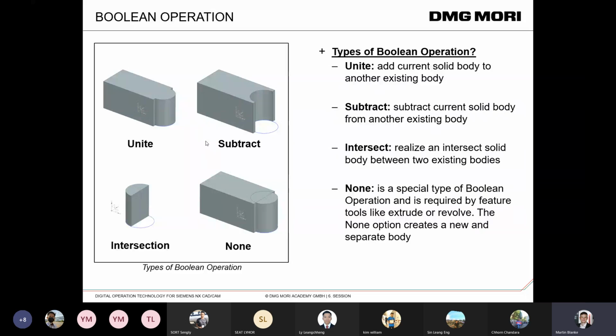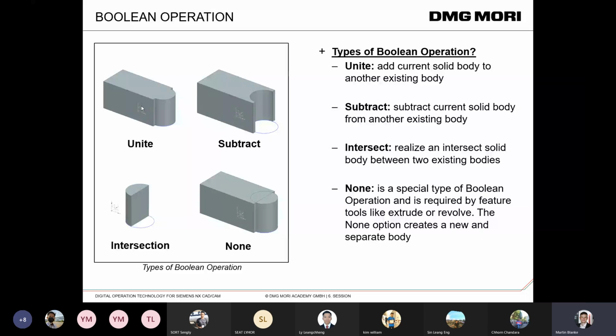To explain it, we have this rectangle which is extruded in the Z direction, and as a second body we have this cylinder, and the box and the cylinder are united to only one body. The result you can see in this picture on the top left.